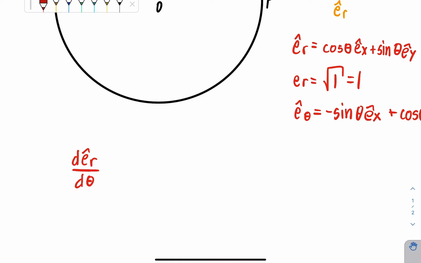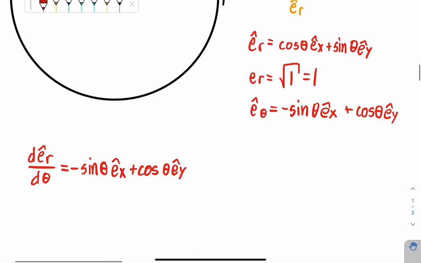Cosine of theta goes to negative sine of theta, so we get negative sine of theta e sub x, and then the sine goes to cosine, so we get plus cosine of theta e hat sub y.